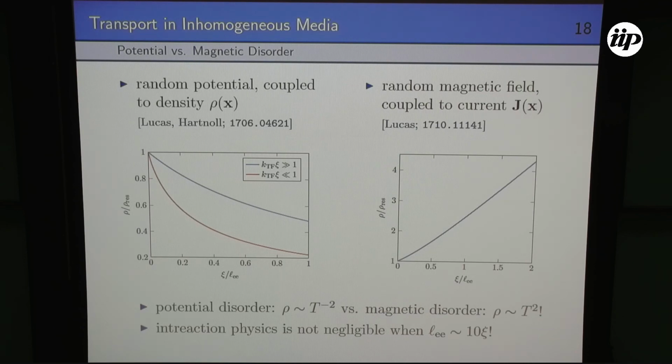But there is one subtlety to keep in mind, which is that if you're just interested in this part of the resistivity curve, a lot of that physics can be very sensitive to microscopic details. I didn't talk about this, but if you think about a slightly more non-trivial Fermi surface, these curves can become non-monotonic.